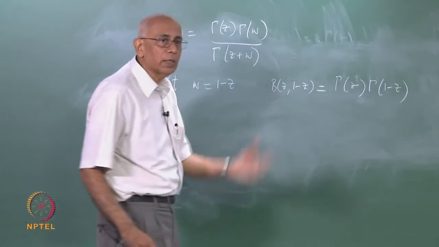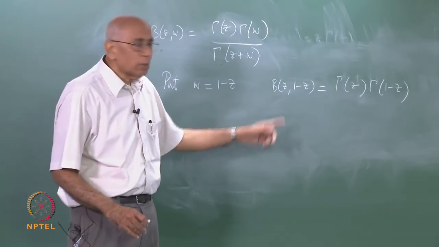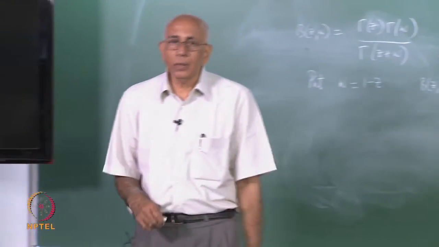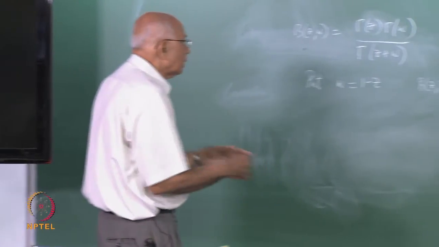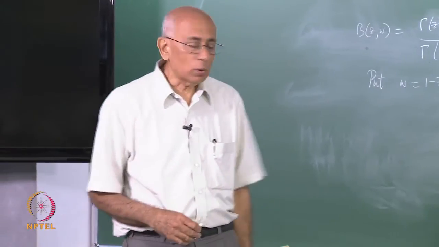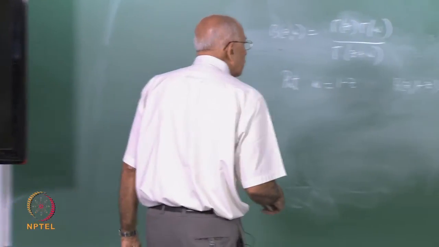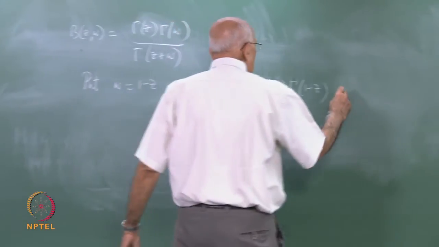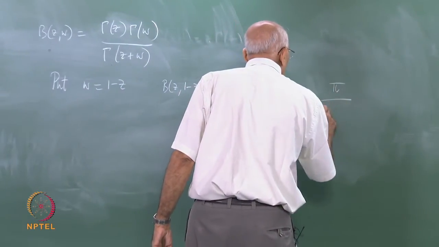Go back to the original integral representation and play around with that representation, and you can derive it. I have given in the handout how this should be done, what substitutions you should make. It turns out that you can show that this quantity is equal to pi over sine pi z.